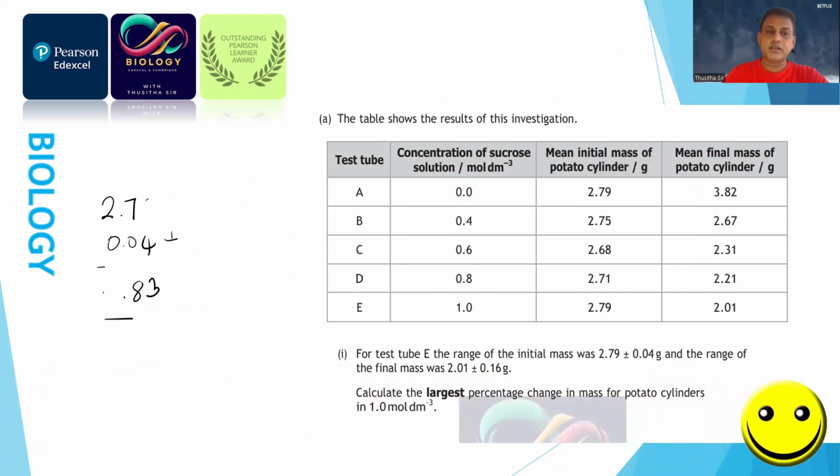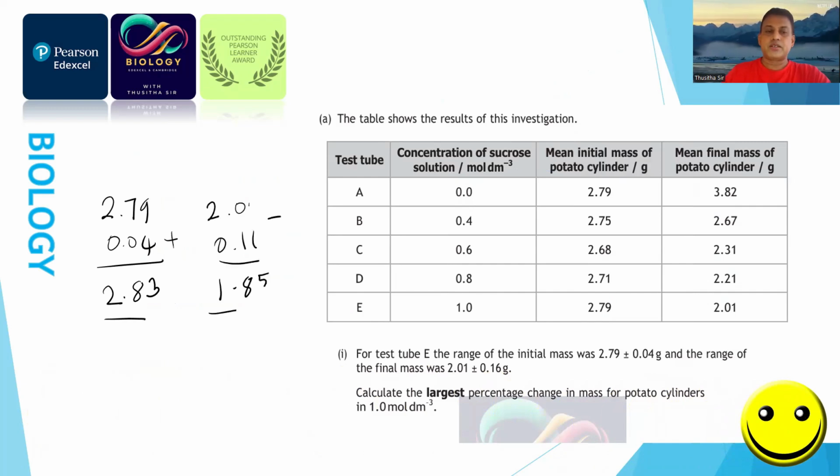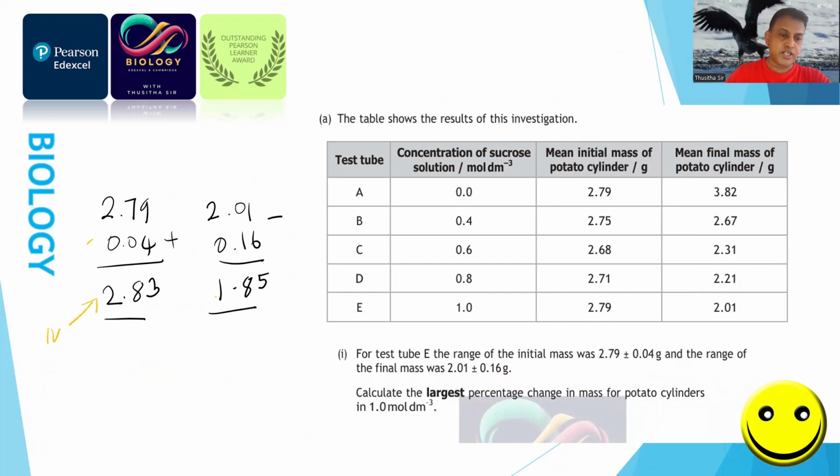So I write this first one, 2.79 plus 0.01, 2.83. 2.01 minus 0.16, 1.85. Then I have an initial value. This one is my initial value.